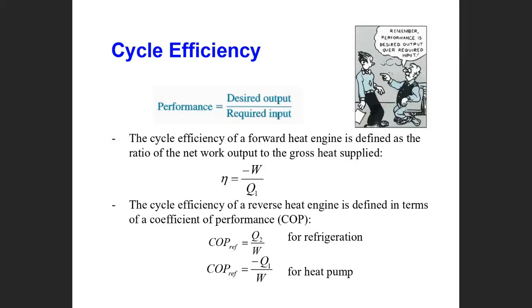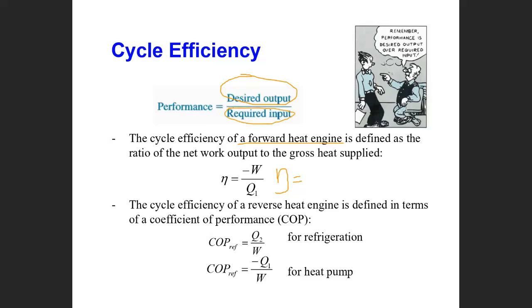For the forward heat engine, we use cycle efficiency to describe its performance. To determine the performance of the heat engine cycle, we want to know what's the desired output, and then what's the required input.